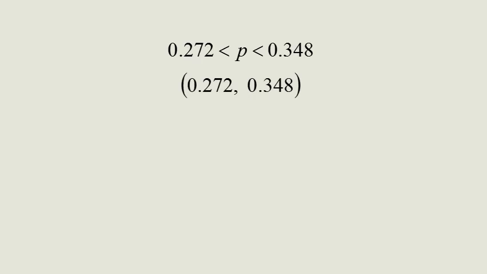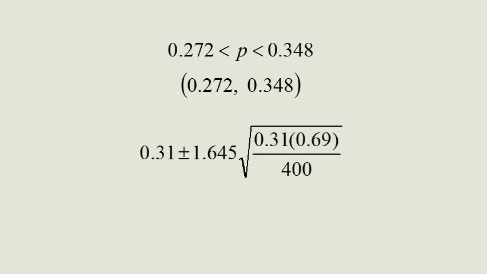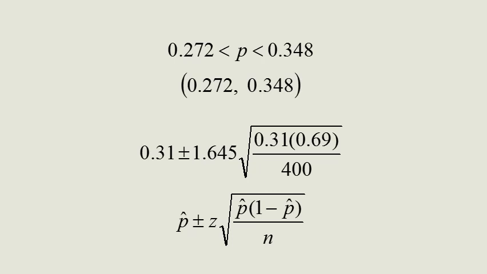So we're 90% sure that the percentage of people who travel abroad is between 27% and 35%. And the form of the confidence interval is familiar to what we've already seen. The center of the interval is equal to p-hat, and the interval extends plus or minus z times a standard deviation. It looks like this.